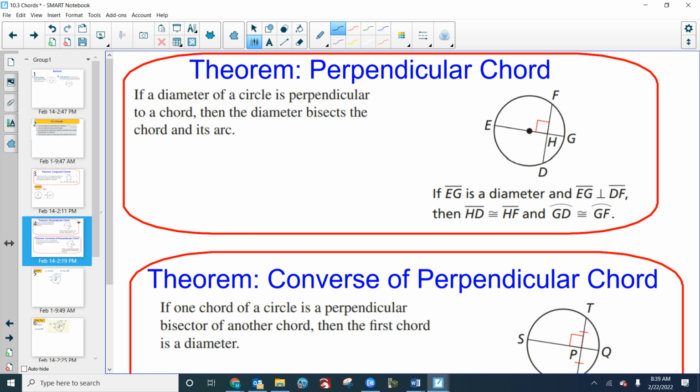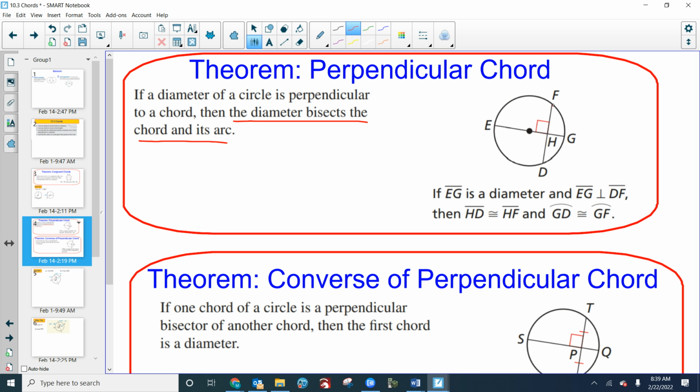So there's a couple things in this section you're just going to have to train your eyes to look for. Okay. If I see a diameter is perpendicular to a chord, then what's the result? The diameter bisects the chord and its arc.